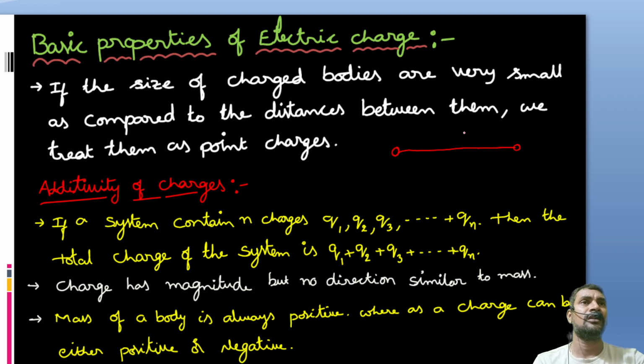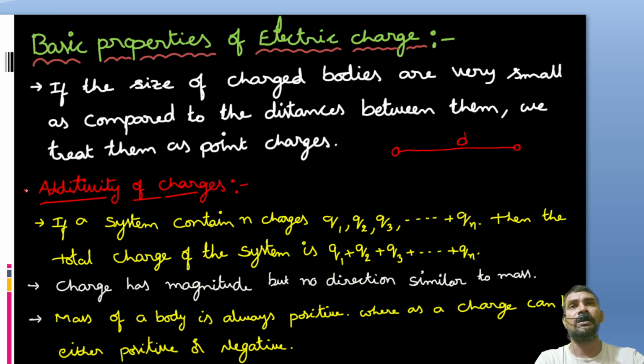If the distance is very large compared to the size of the charged bodies, then we can assume that those two charges are point charges.